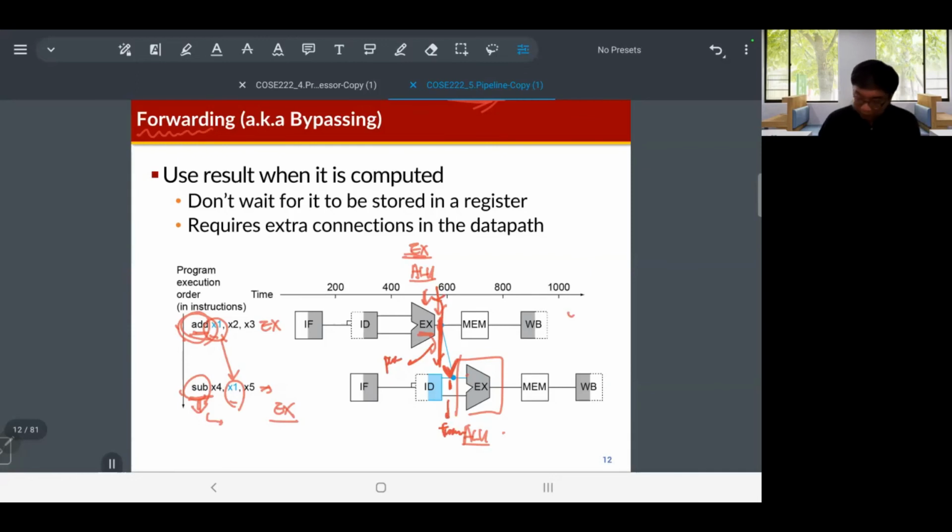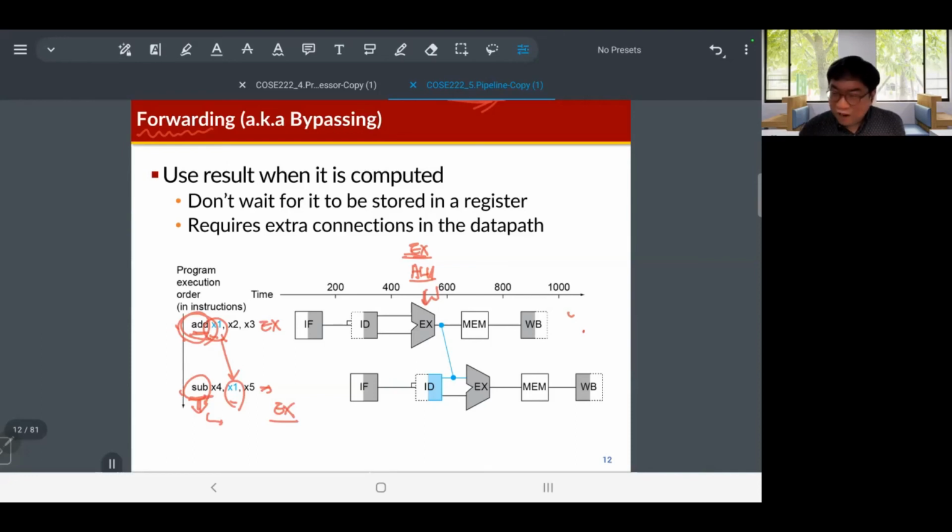What does that mean? Actually, this sub instruction does not need to wait until the write back stage of the add instruction. It is because when the sub instruction requires the data from the add instruction, this result already exists in the processor.